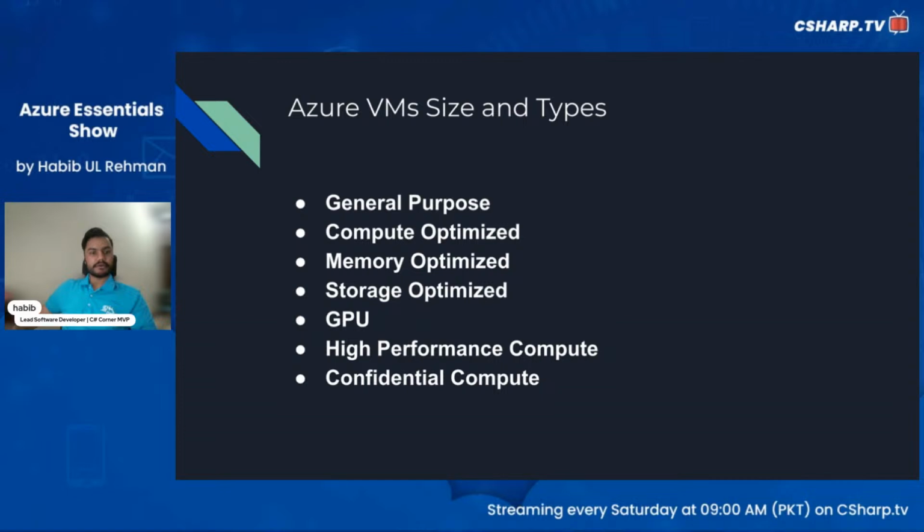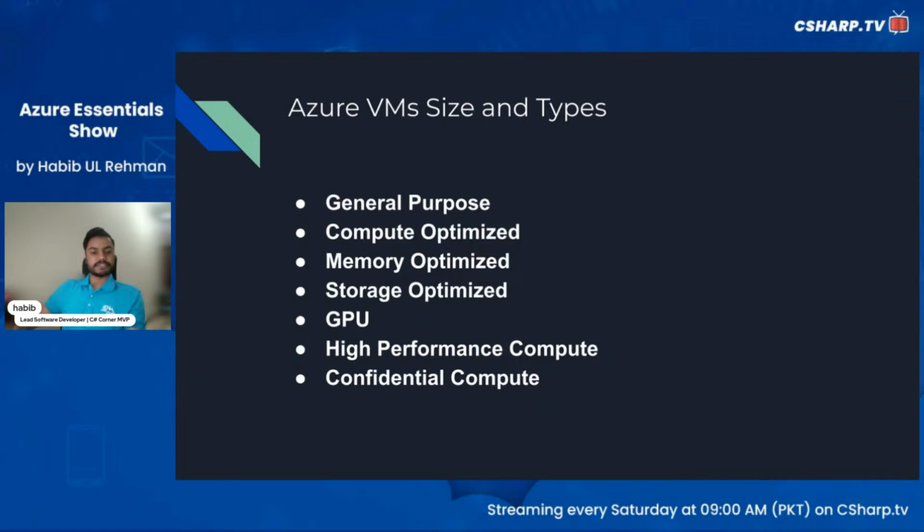Then we have Azure virtual machine sizes and types. First of all, general purpose virtual machines. This type of virtual machine has a balanced CPU to memory ratio. They are ideal for development, testing, and small to medium databases.